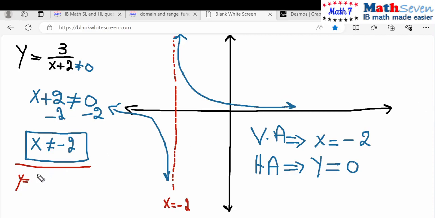Look, y equals 3 over x plus 2. Now substitute a very, very big value instead of x, like a trillion or billion, something like 10 to the power of 8. That makes the function look like 3 over a very huge number, which is roughly equal to 0. So approximately, not exactly equal to 0, roughly equal to 0.